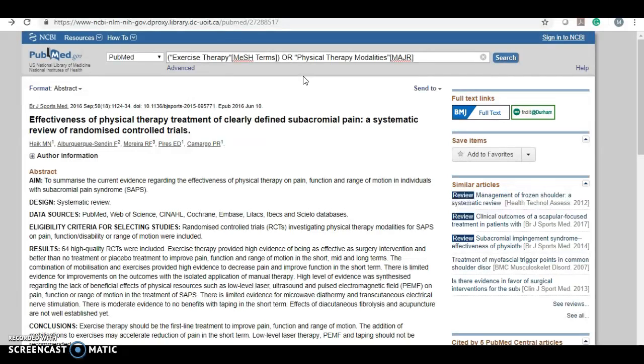That tells the database that the articles we want should have either one, but if there's an AND between them, it tells the database that the articles must have both inside them, and that limits the amount of information that we get.